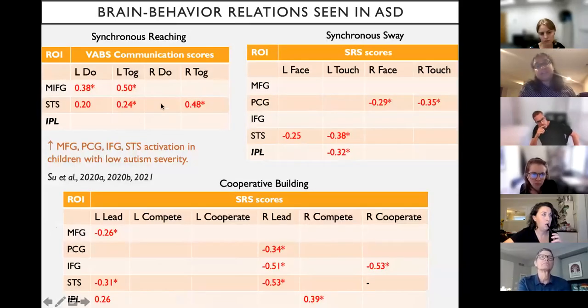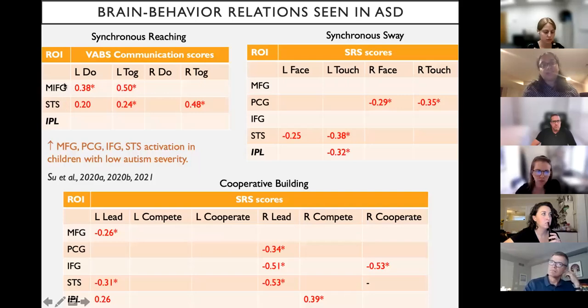And we also see relations between these brain region activity and their performance, their social performance or communication performance, as well as social responsiveness. So the more the activation in these regions, the higher the communication scores.